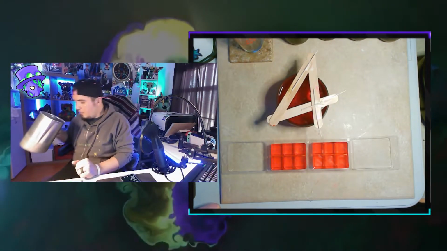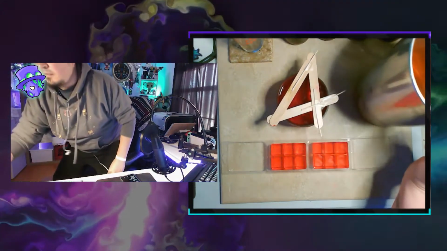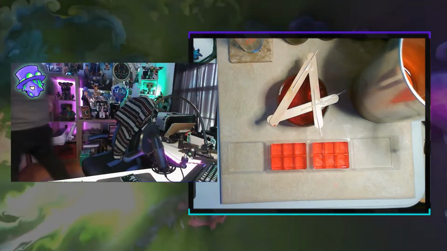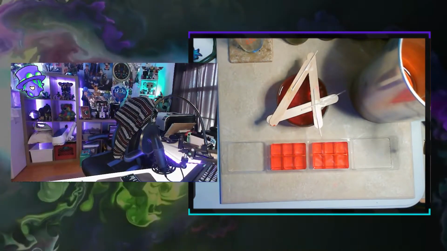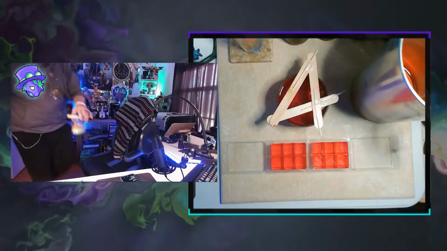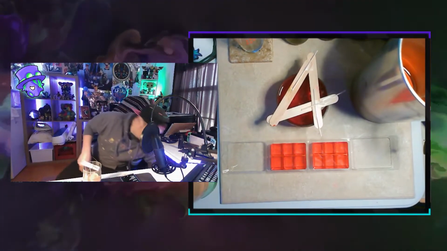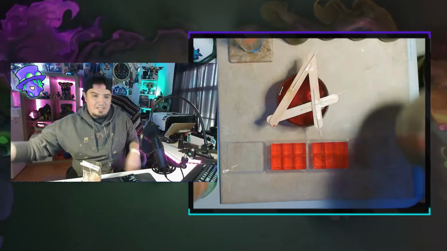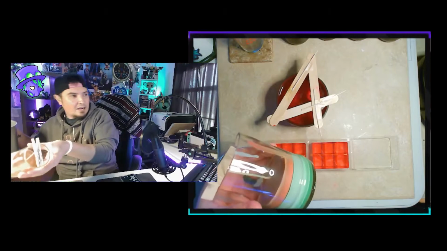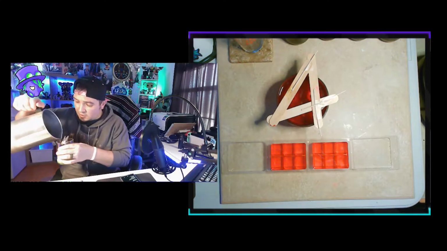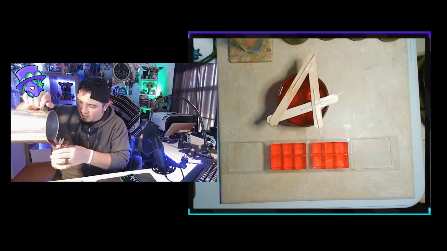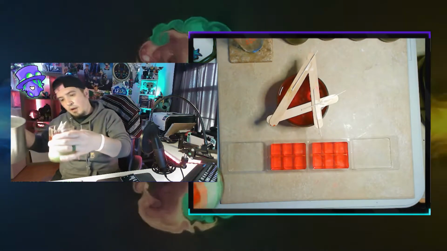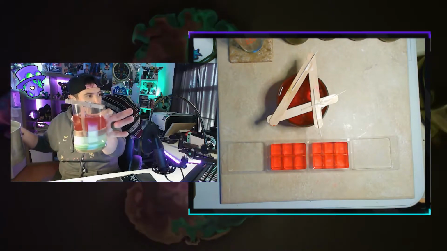And then I have a little bit left for my catch-all. It's literally every single candle that I've ever made. Well, not every single one, but basically anything that I have left over goes into this guy right here. It is kind of gross looking, but it smells awesome. And that will just go on top. This is also another way of how you make layered candles.